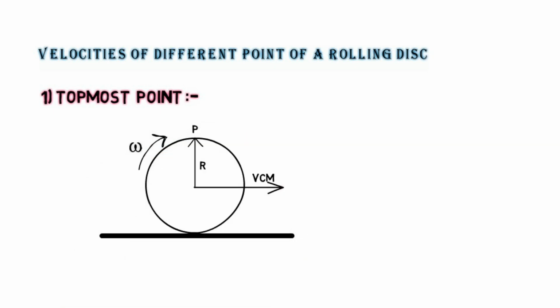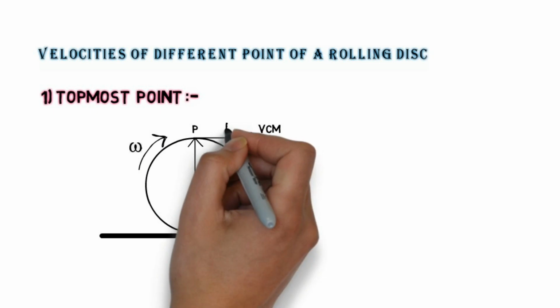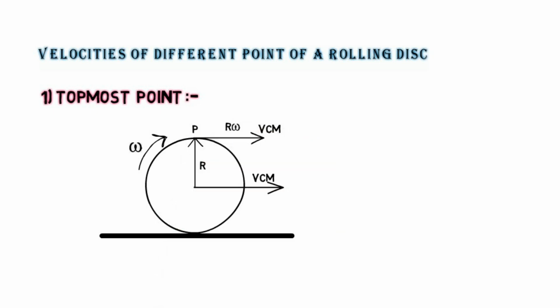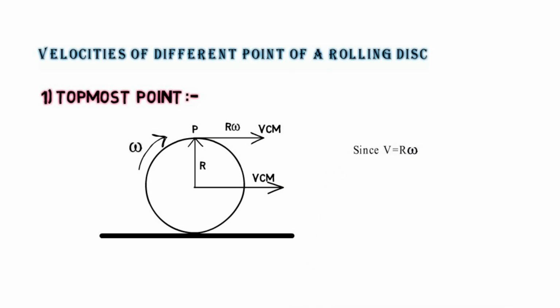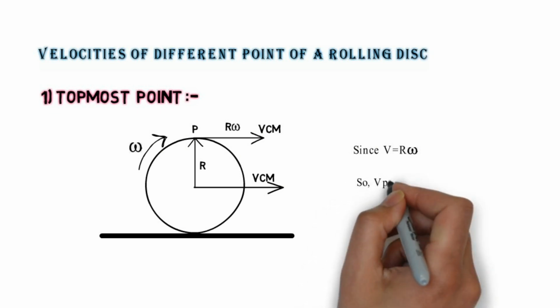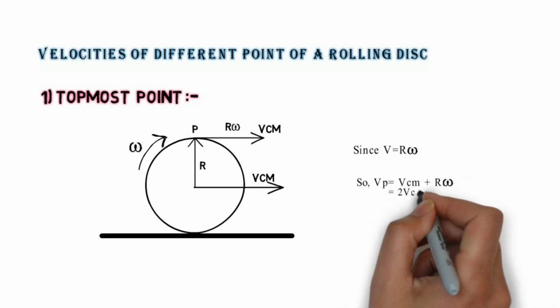Now if we take the topmost point P, the velocity of center of mass, that is VCM, will act in the forward direction, and the velocity which is due to rotation, that is r omega, will act on the same line in the forward direction at the topmost point P. Now these two simply add up and become VCM plus r omega at the topmost point P. And remembering the principal criterion for an object to execute pure rolling motion, that is VCM equals r omega, we can substitute either VCM or r omega and write the velocity at point P to be 2 VCM or 2 r omega.